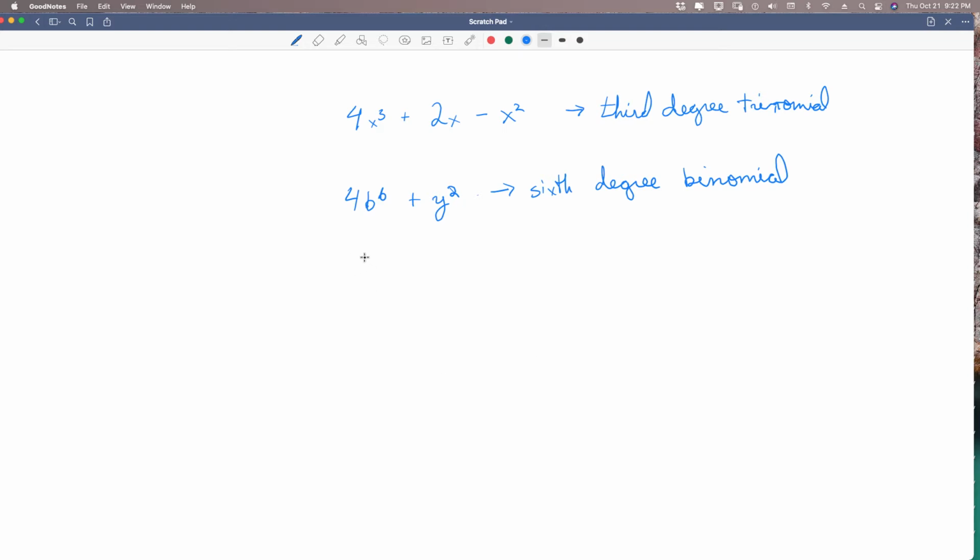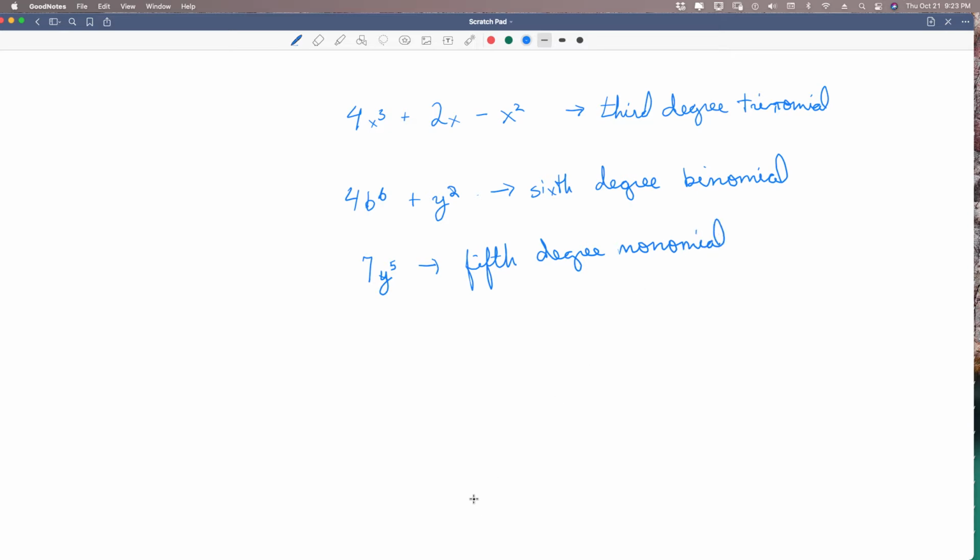If I had 7y to the 5th, I would say this is a 5th degree monomial.